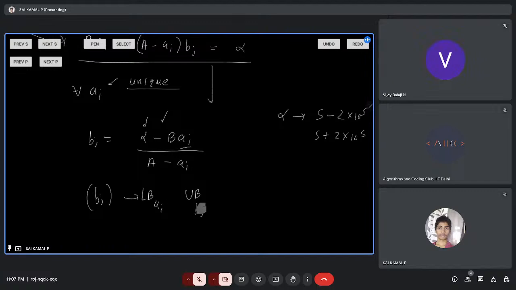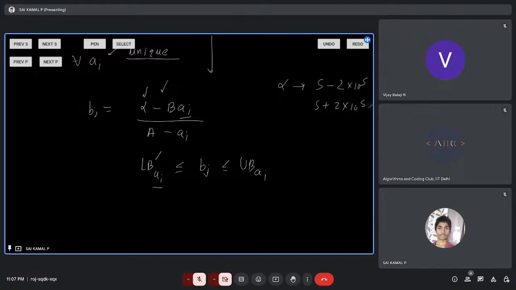So for a specific value of ai, there exists a lower bound and an upper bound in which bj could be.